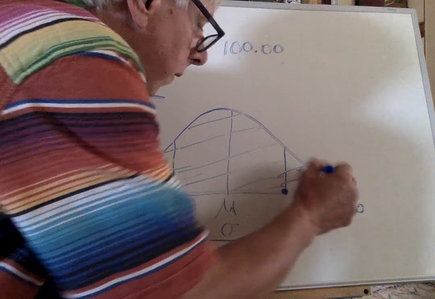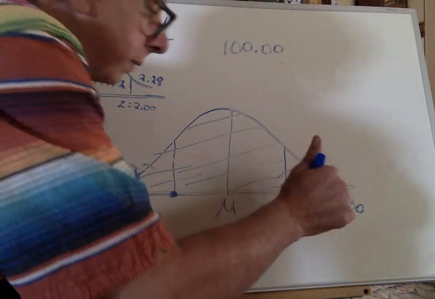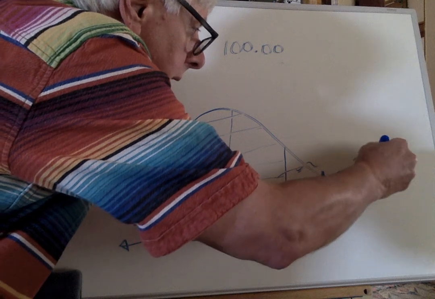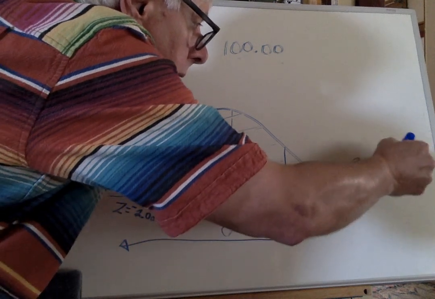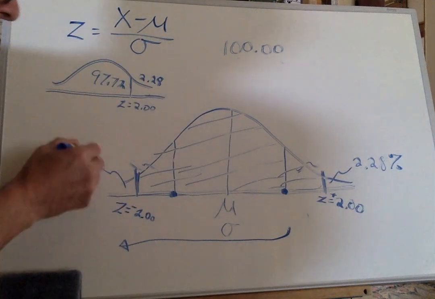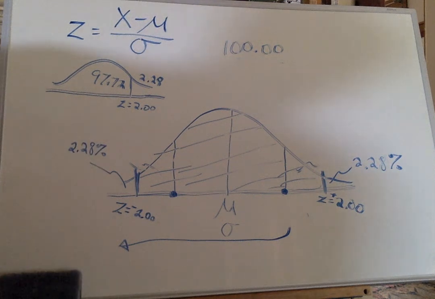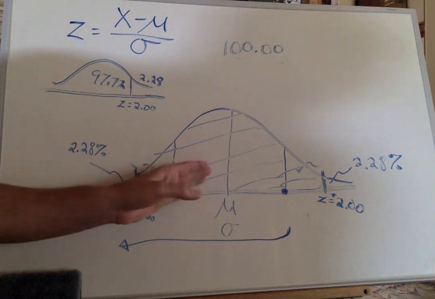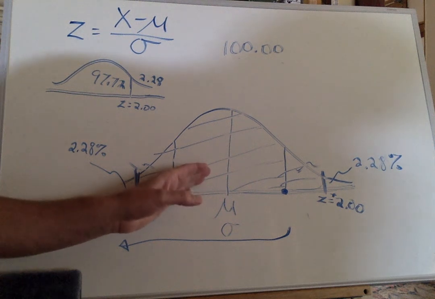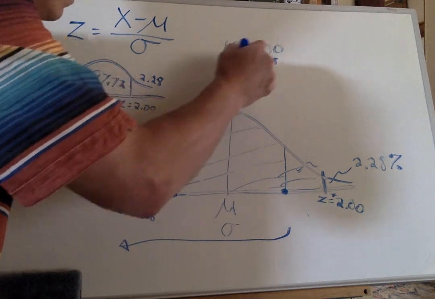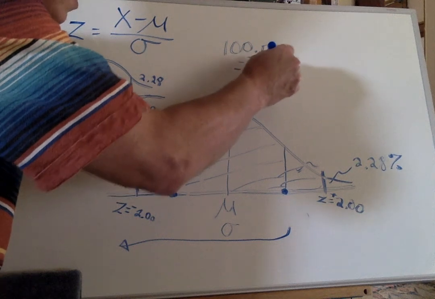So this is neither body nor tail. But if I get this tail, 2.28, and I get this tail, 2.28, then I can figure out what's in here, of course. So minus 2.28 minus 2.28, okay?